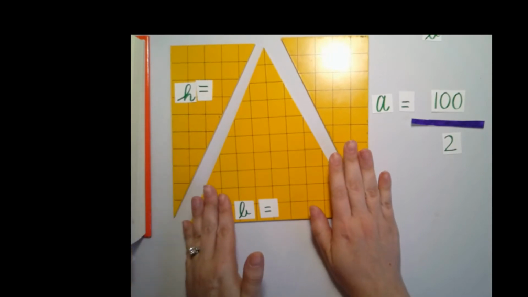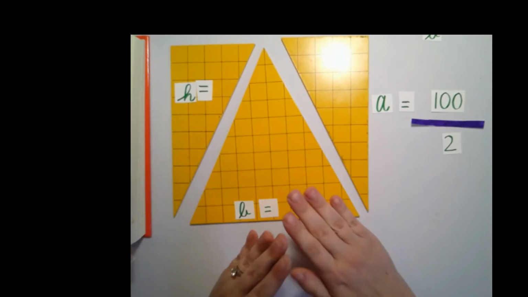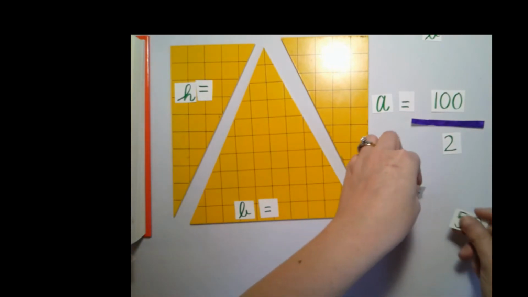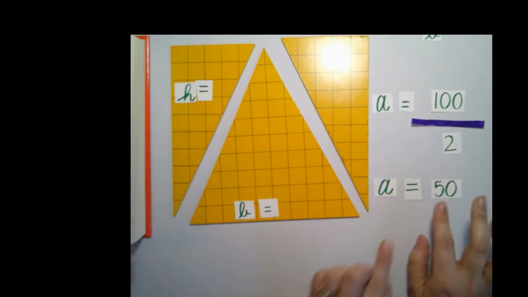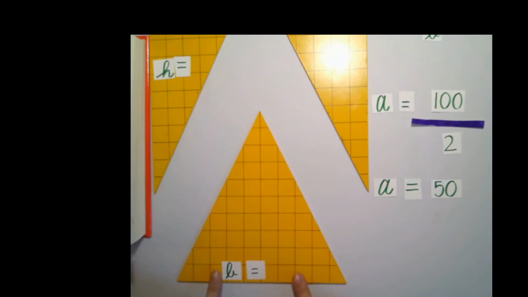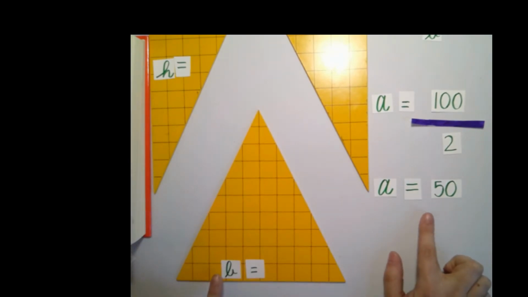So if we take 100 and we divide it by 2, we split it in half, it gives us 50. So the area of just one of our acute triangles is 50 unit squares, or 50 units squared.